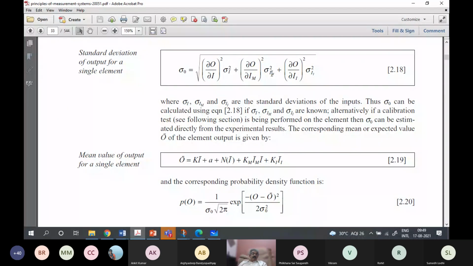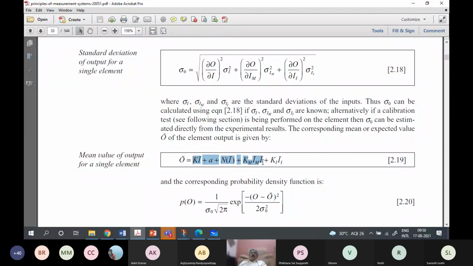These are just ways to have an estimate of the uncertainty of a measurement, and to what extent you will be able to estimate it depends on how much effort you are prepared to make, how much effort makes sense, what old data is available, and all that. But in any case, if you have some idea, then you can characterize the output of the instrument also as a random variable whose mean will be given by this.